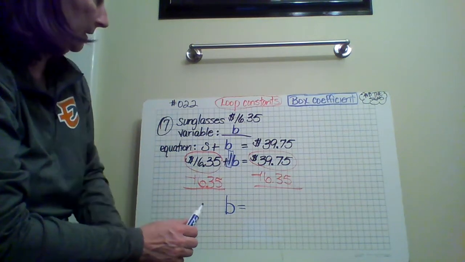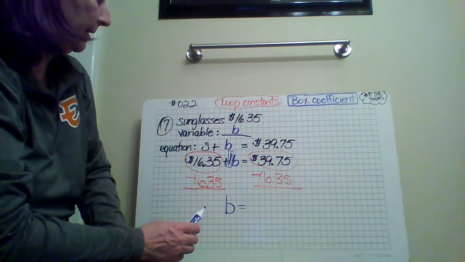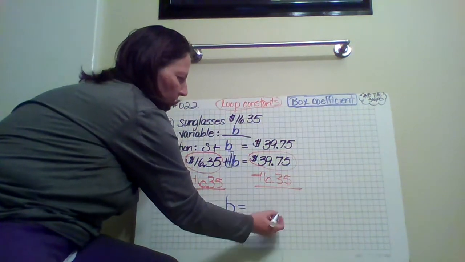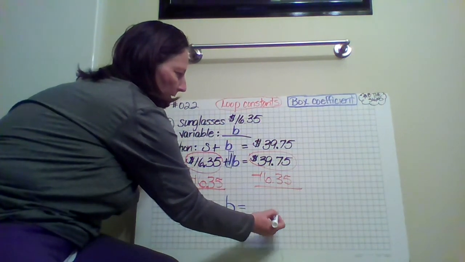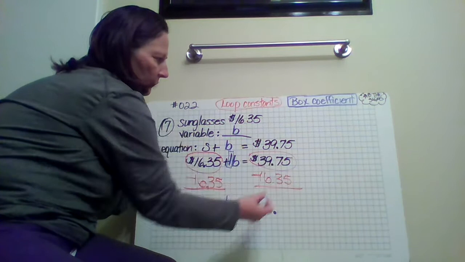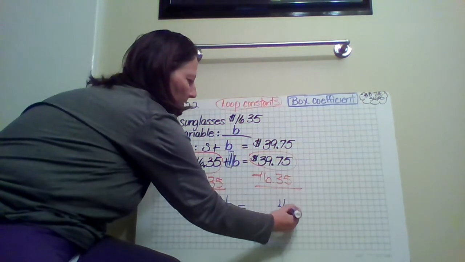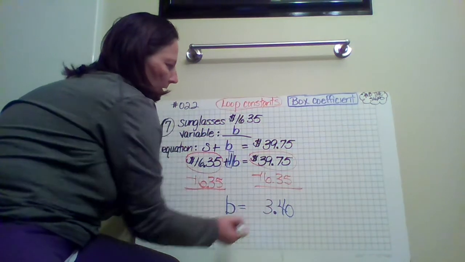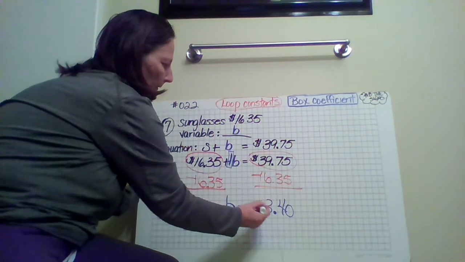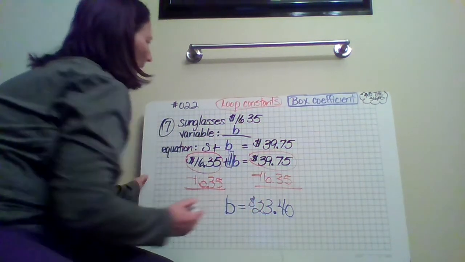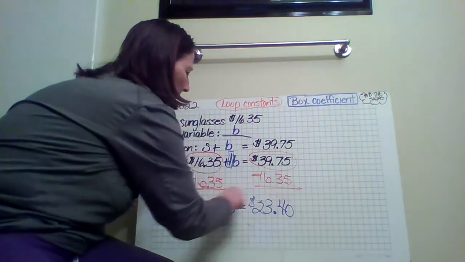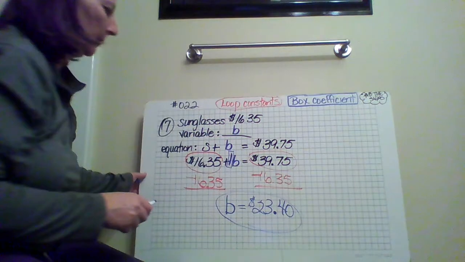take away 16.35. If we go ahead and do that math, first thing we're going to do is line up that decimal. 75 take away 35 is 40. 9 take away 6, 3. So $23.40 would be the cost of the bracelet.